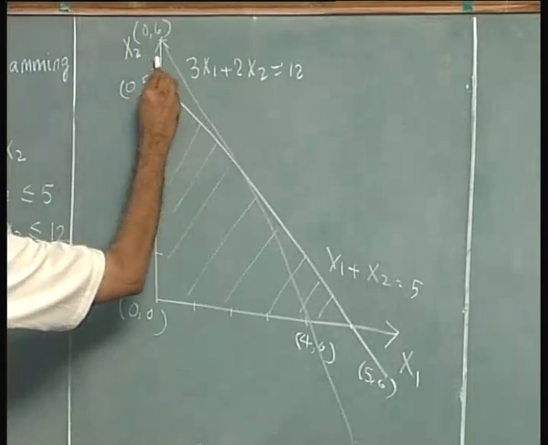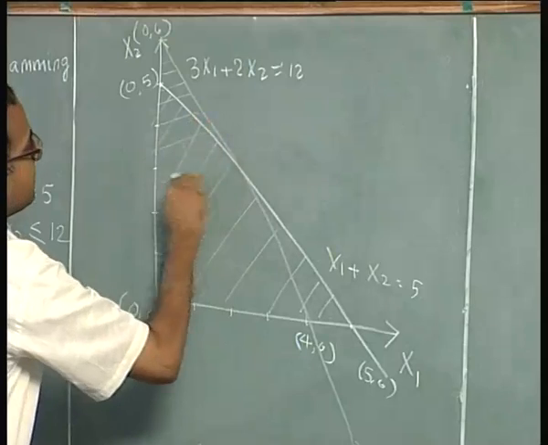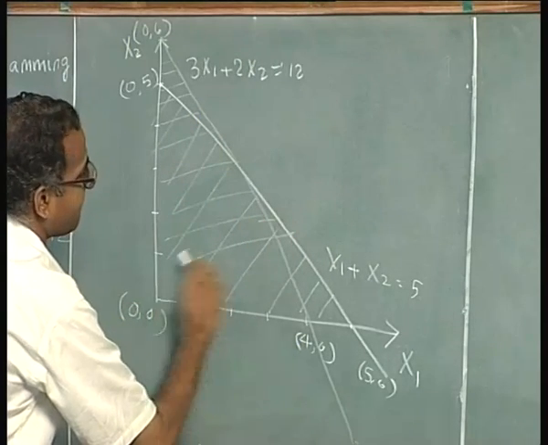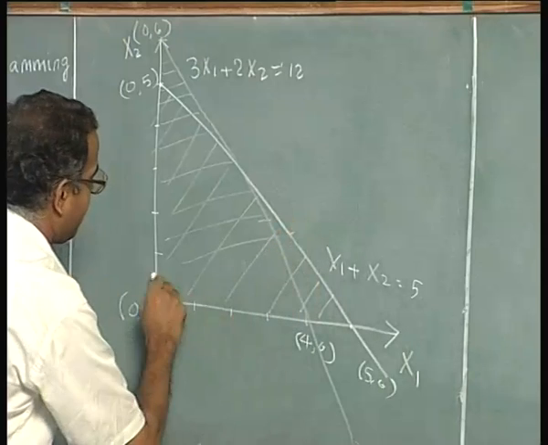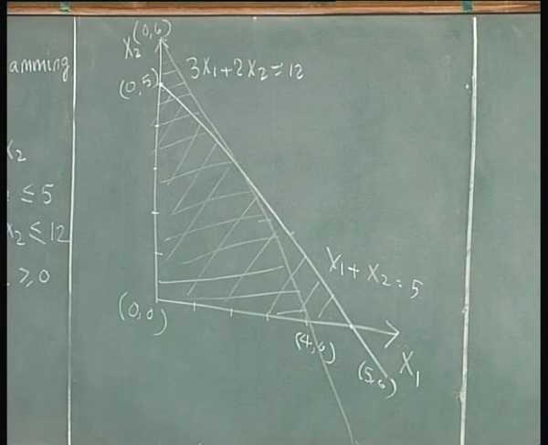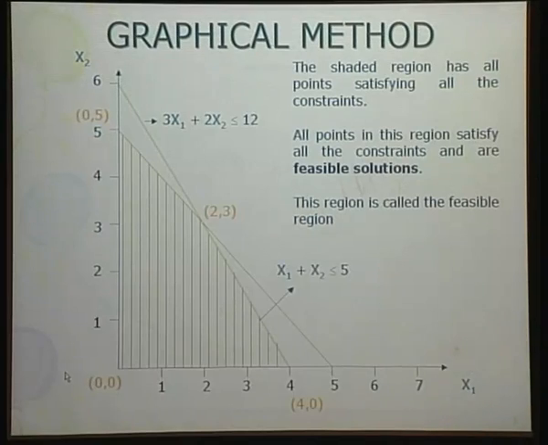So, this is the region which is 3x1 plus 2x2 less than or equal to 12. You can see this on the graph sheet as well here. You find that the first one is between 5 0 and 0 5, the other one is between 4 0 and 0 6 which is shown here.